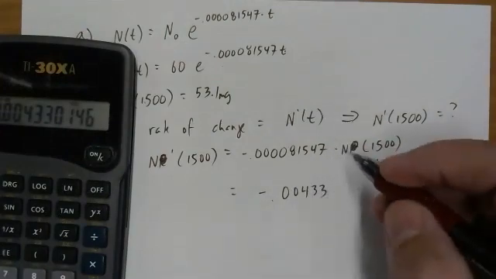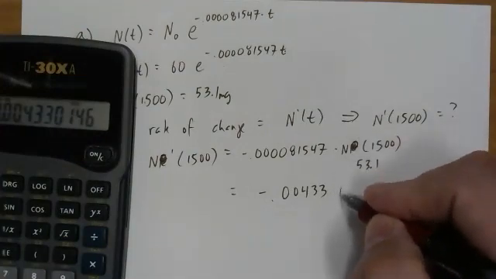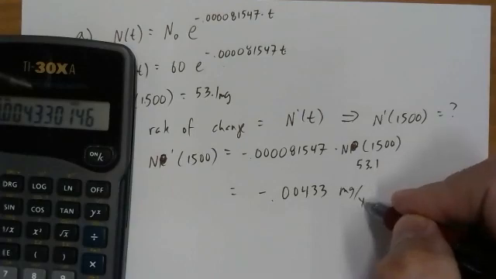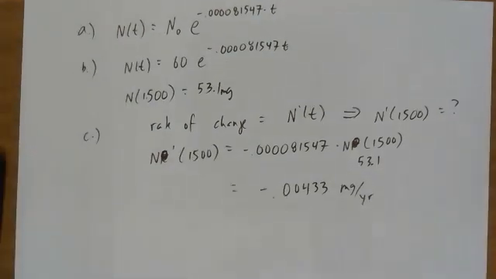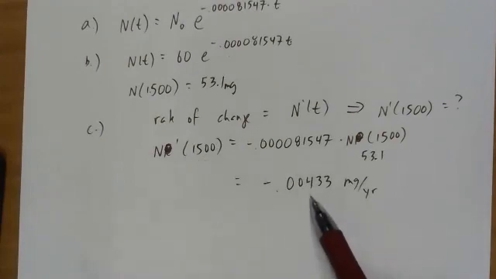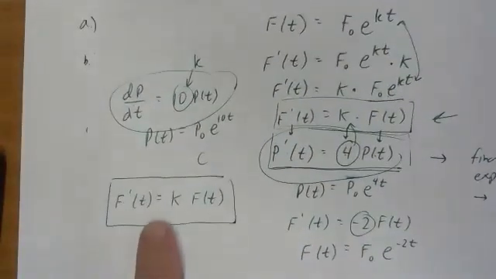So for this one, it is milligrams per year. So it's saying the rate of change is negative. So it's dropping, it's decreasing at a very small rate. All right, so once again, this little equation makes it pretty handy to do that calculation.